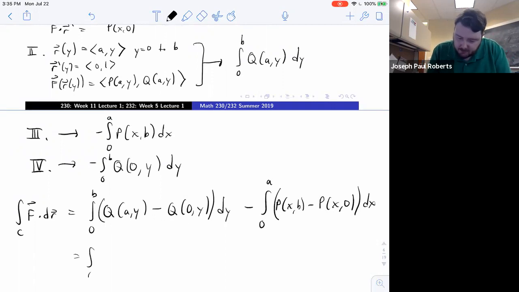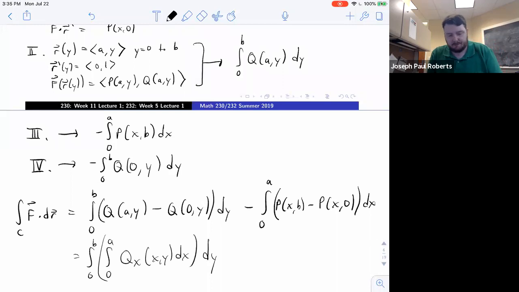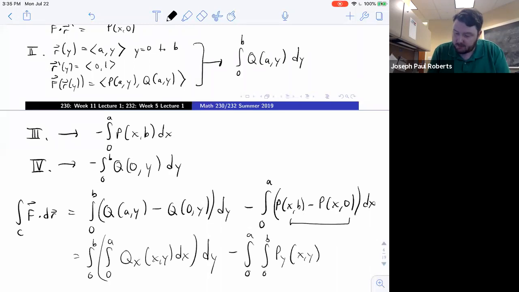So by the fundamental theorem of calculus, it is the integral from 0 to a of the x derivative of Q, because I've made this change in the first slot. And then I get minus the same thing here. This is the change in P between y equals b and y equals 0, so it's the integral from 0 to b of the y partial of P.